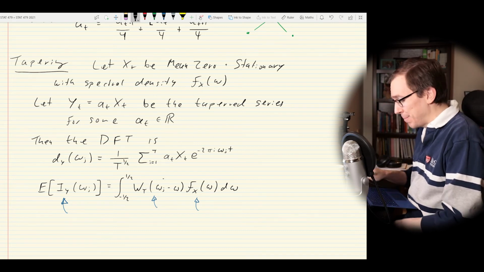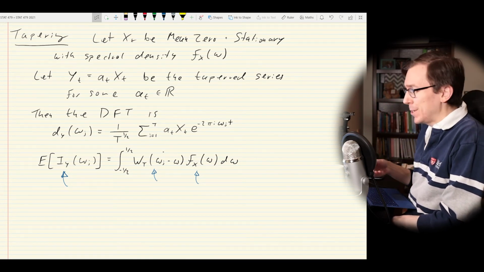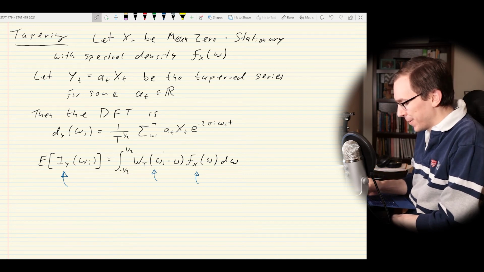A lot of terminology, but there's going to be some intuition here, which should hopefully help us. But first, I have to write down all this stuff.